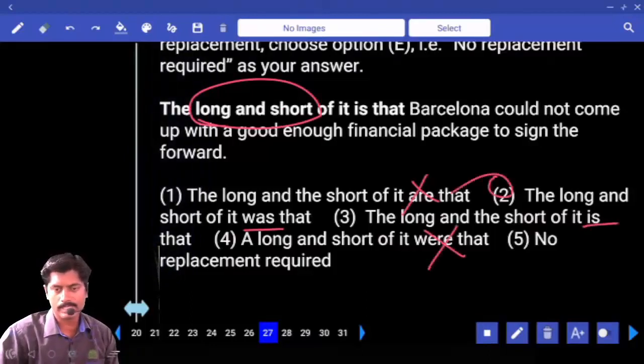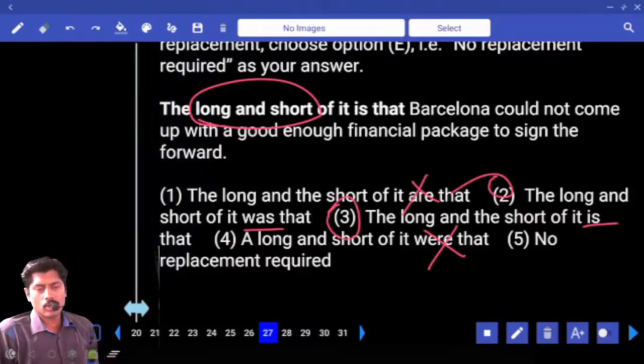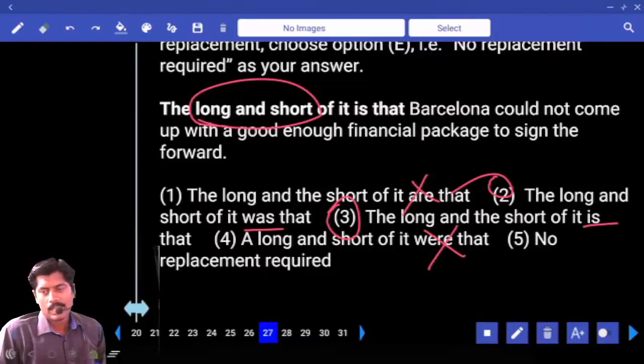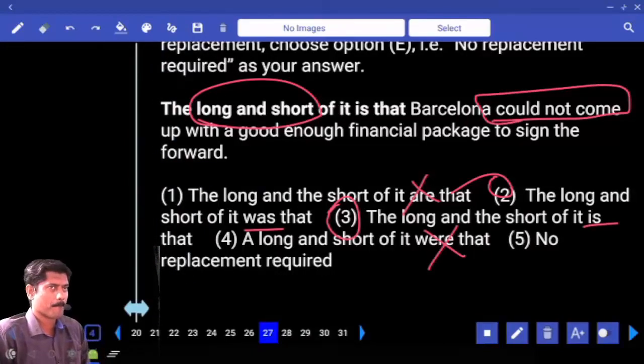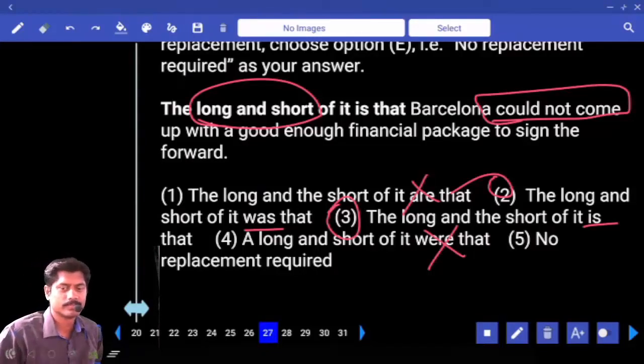Were wrong. Answer 2, 3. The long and short of it was that. The long and short of it is that. Two or four? Two or three? Answer two or three? Third option.